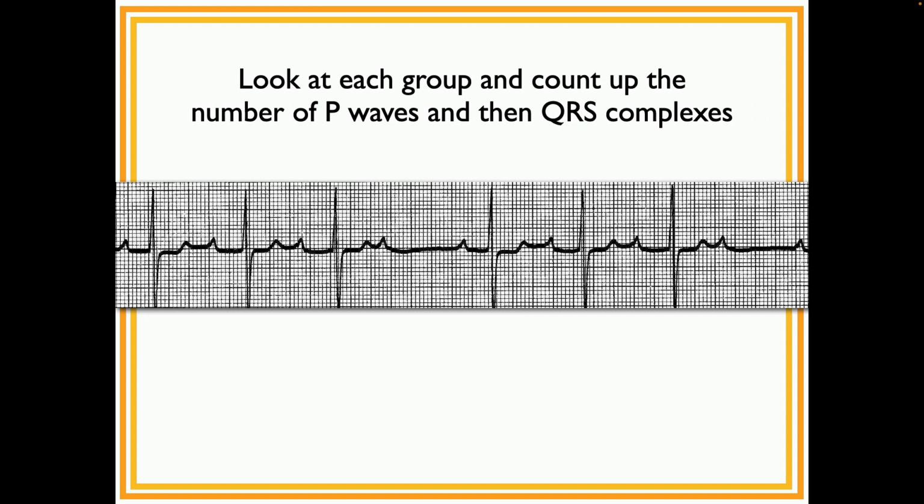So in this particular case, this is a second degree type 1, and the group begins with the first conducted P wave in the group. So here's an orphan. This is the first conducted P wave in this coming up group, and it goes to the non-conducted P. So that's our group right there.